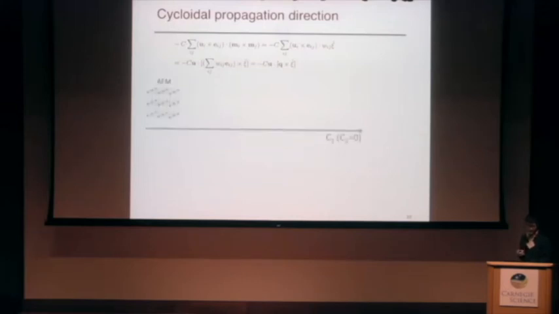Now let's look at some examples. First, we keep C2 equal to 0 and we increase C1. We first have this AFM phase because in the antiferromagnetic case, Mi cross Mj will be 0. So there's no contribution from any neighbors to this magnetic structure from this term.